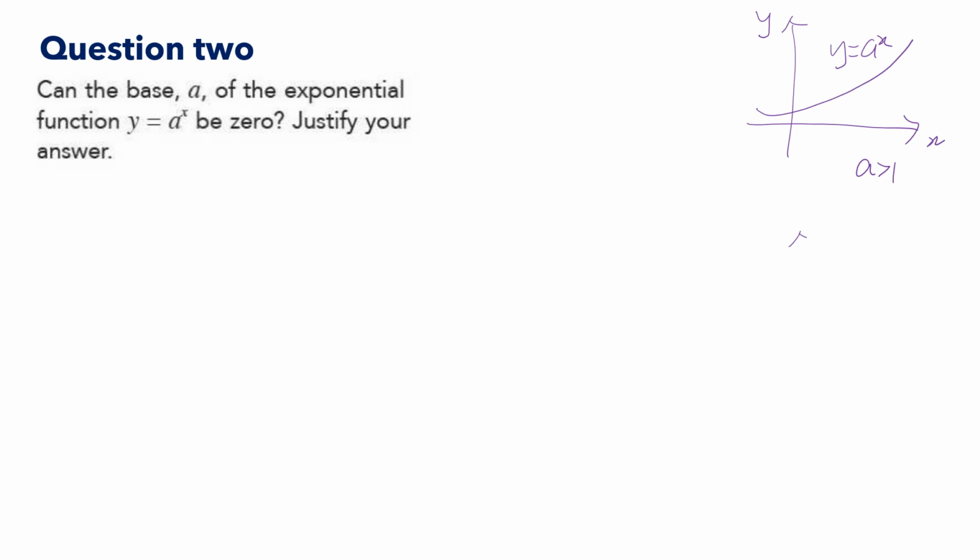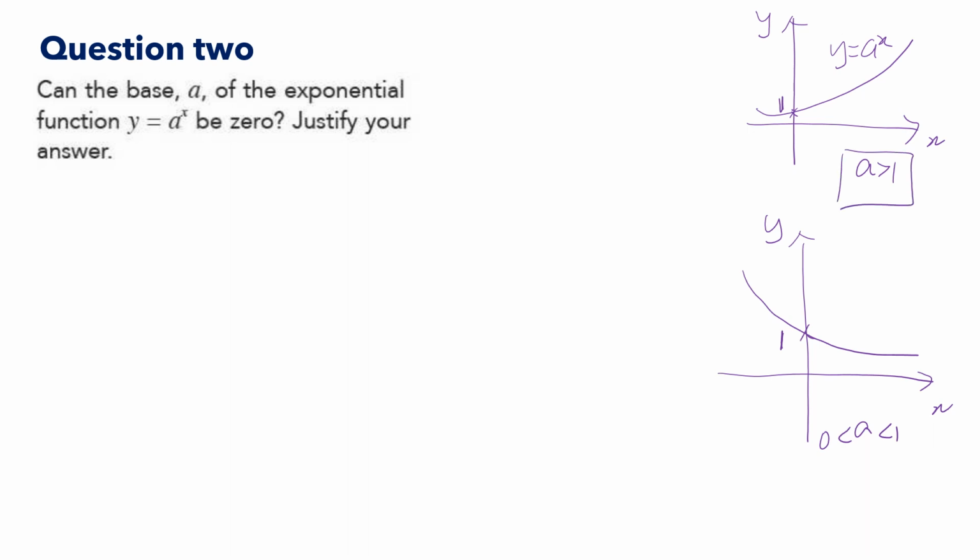And then the second type of curve is this, where your a is between 0 and 1. Do you realize something? Do you realize the range that is given to you? Strictly more than 1 in the first case, and in the second case strictly more than 0 and less than 1.